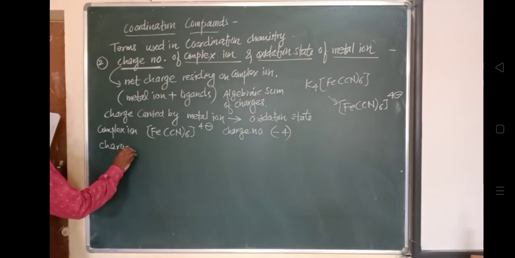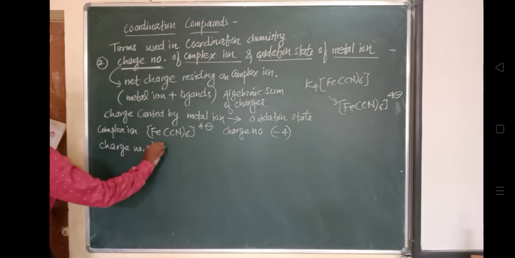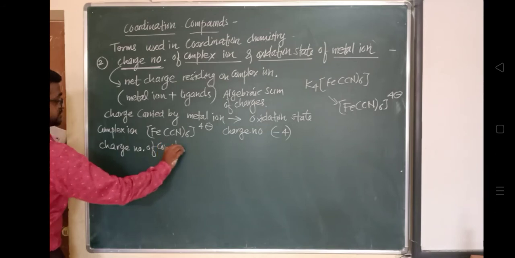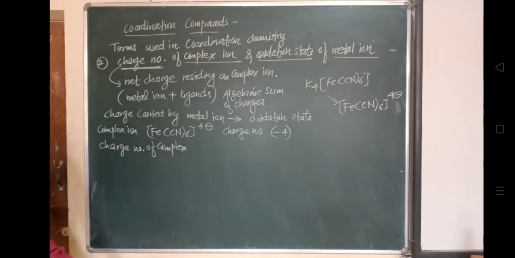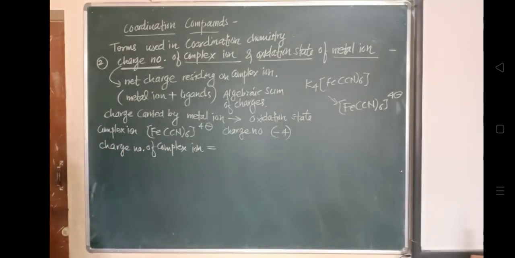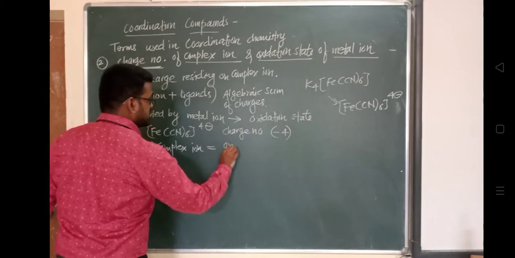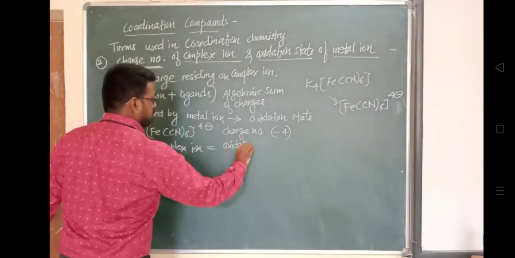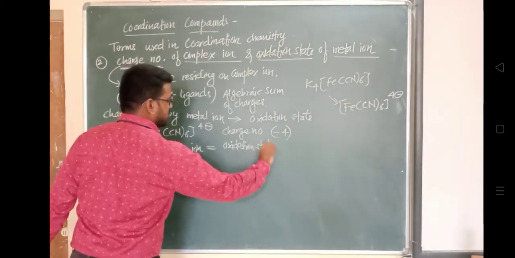Okay, we know that the charge which is present on a complex ion, हमने already पहले बोला है. This formula we have written it, but already we know this. जो complex ion का जो charge है वो क्या है? It is the algebraic sum of the charges of metal ion and the ligand.